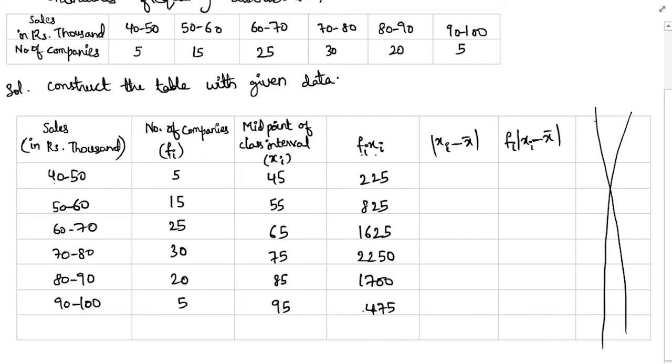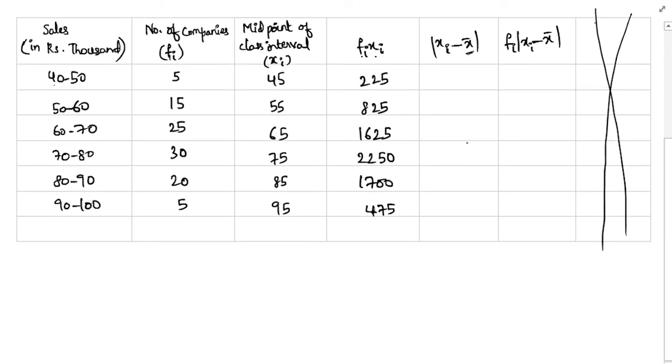Now we have to find xi minus x bar. If we want to find x bar, then we'll go down and find it. Before going to that, sigma of fi, that is n, is equal to the summation of all of this, which is 100. So here n is equal to 100.